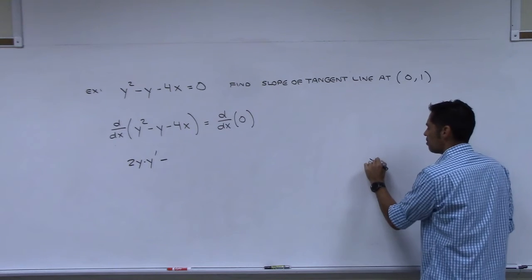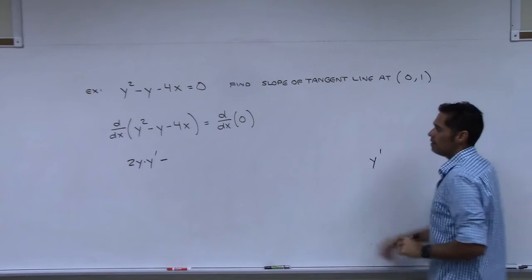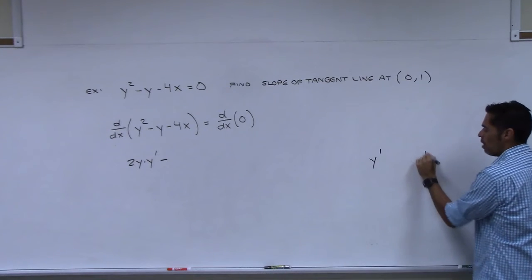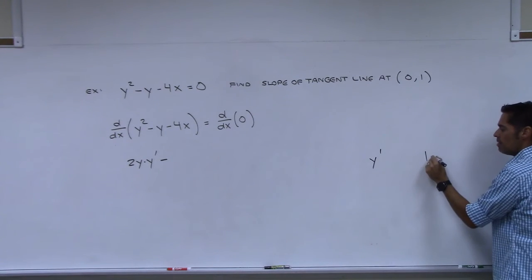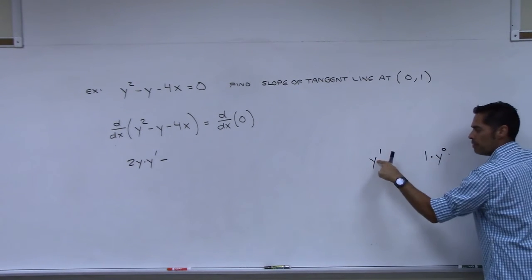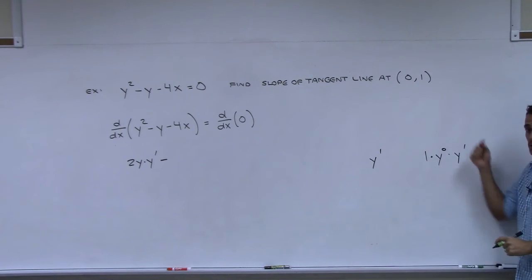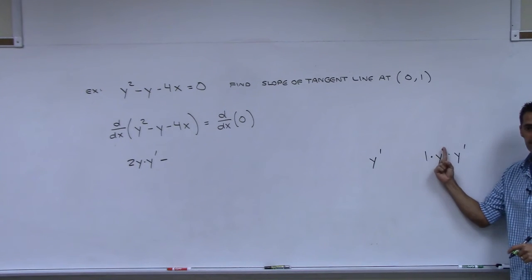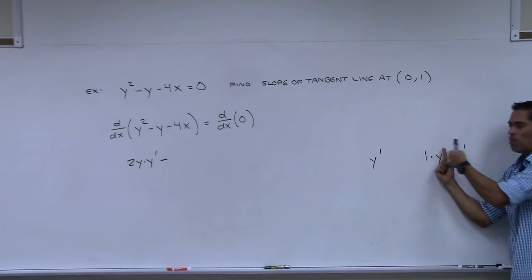Now, look at it this way. If you tried to look at that, y is y to the first power, then if you take the derivative of this, the 1 comes out, right? Then you'd have y to what power? 0, and then times the derivative of what's down here, which would be y prime. If you're trying to do chain rule, this is what would happen. y to the 0 is 1. So this is 1 times y prime.